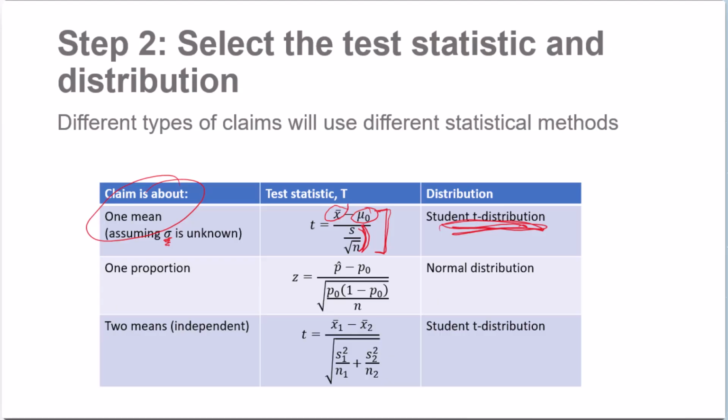So that's kind of a mouthful, but all three of these test statistics, I have the formula for the test statistic when you're looking at a proportion or a claim about a proportion, and the test statistic for looking at the difference or comparing two different means, and which distribution we're using for each one of these.